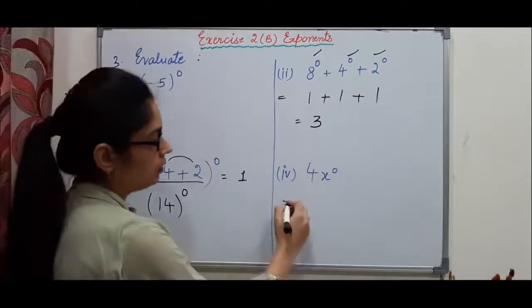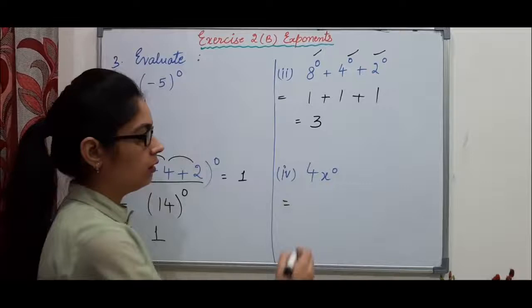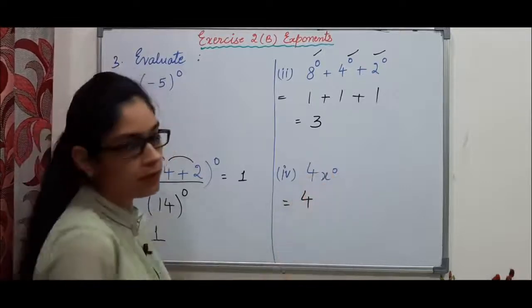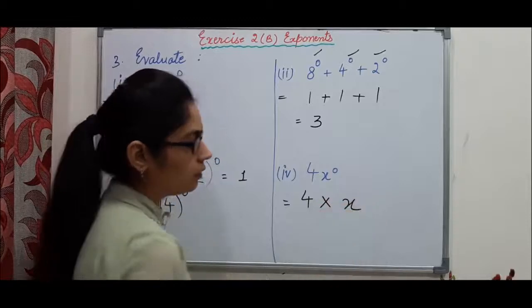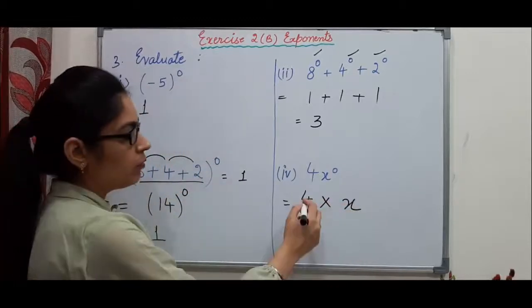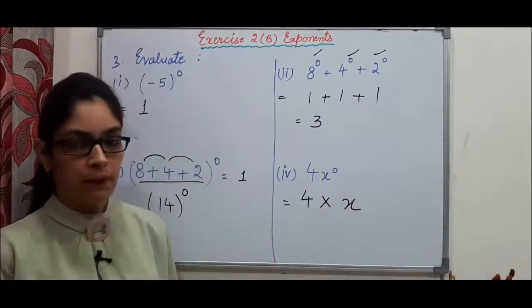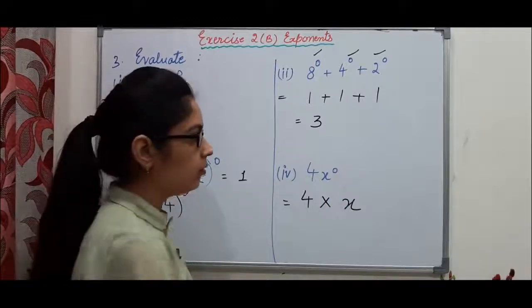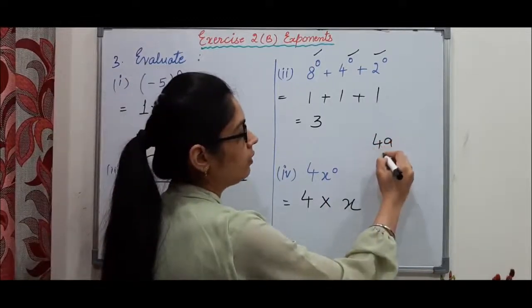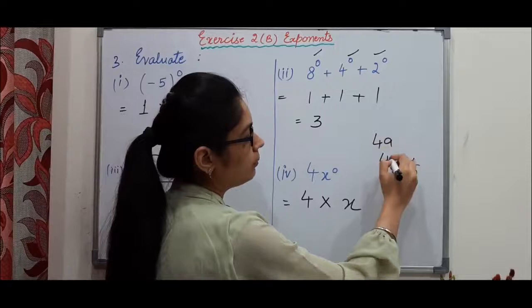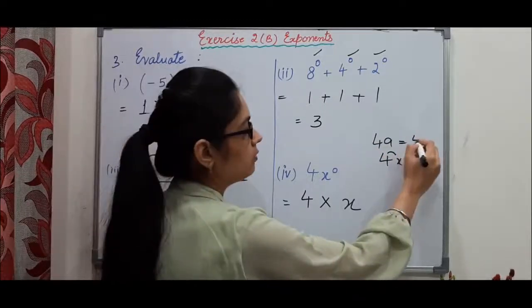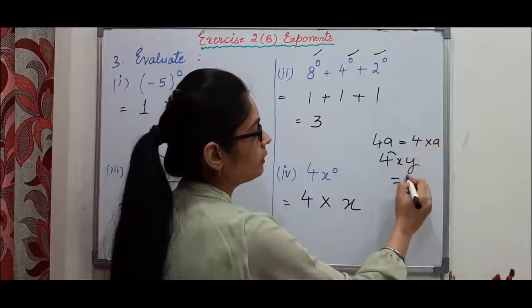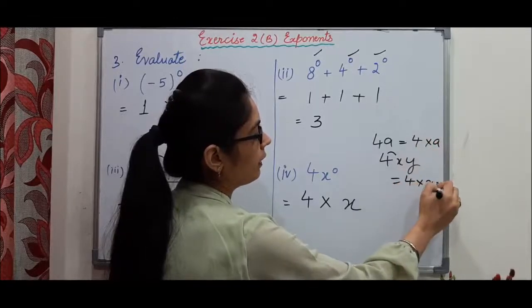Now this one, 4x to the power 0. When 4 is written with x, that means 4 is getting multiplied by x. When any number is written together with any alphabet, like 4a, 4xy, these are getting multiplied. This means 4 into a, this means 4 into x into y.